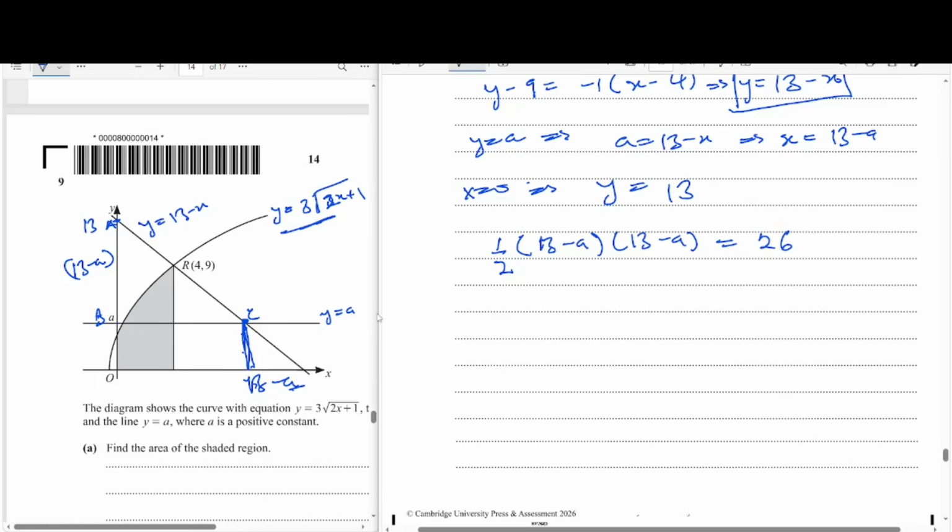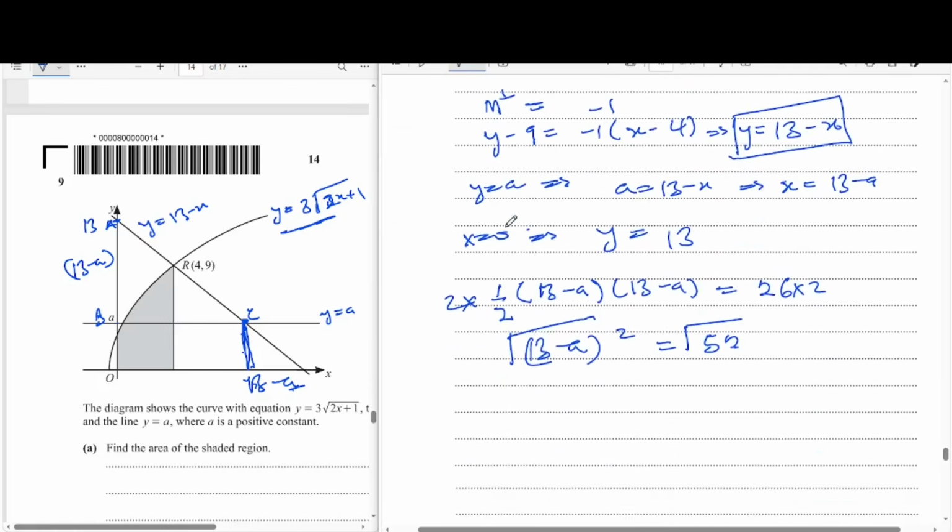Now at this point, we rearrange and try to solve for a. We multiply through by 2 to clear the fraction, so that we have (13 minus a) all squared is equal to 52. And we take the square root of both sides.